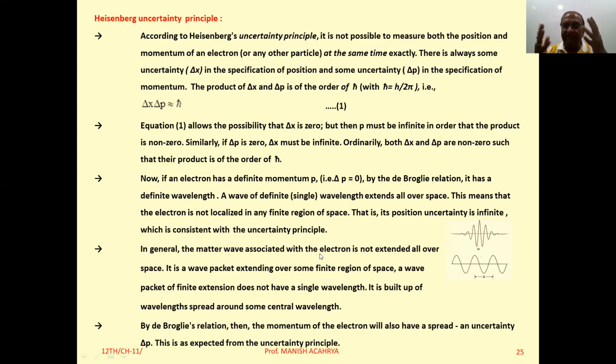We can't locate it. Clear? So if we want to locate the position of the particle, then we have to restrict the activity of the wave which is the representative of that particle.